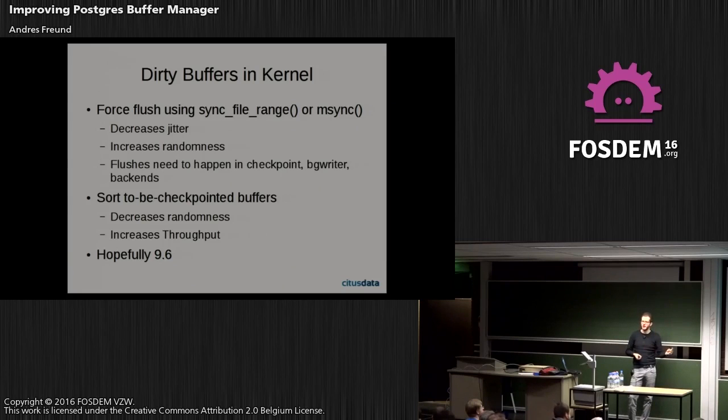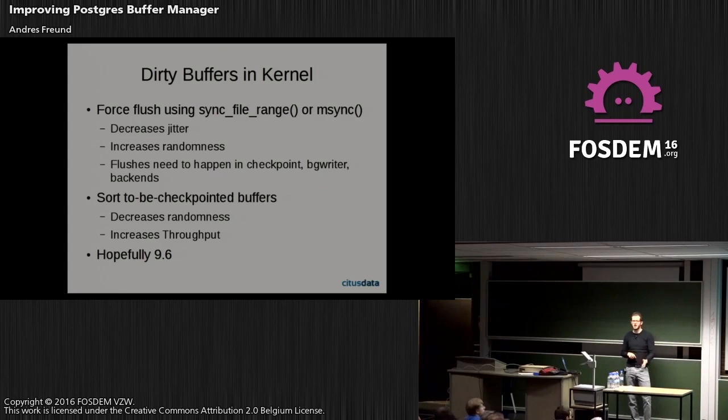So if you just have the checkpointer go over all the buffers and write them out in the order they were in memory, then you get a lot of random I/O. That is somewhat okay on SSDs. It hurts there as well, but it really, really hurts badly on rotating media, and people still use that.